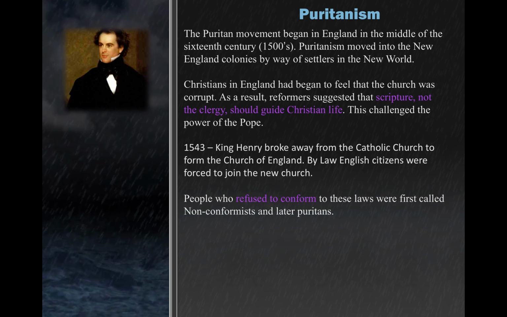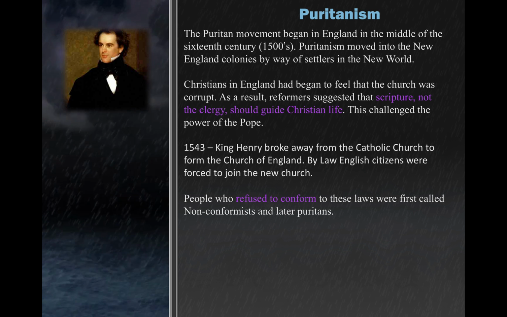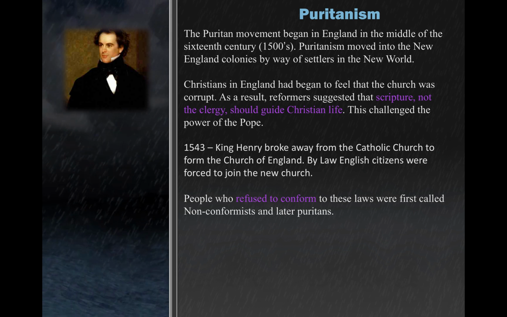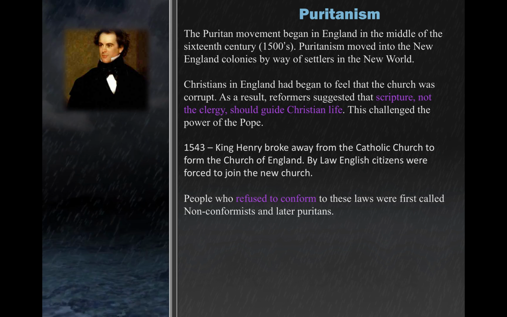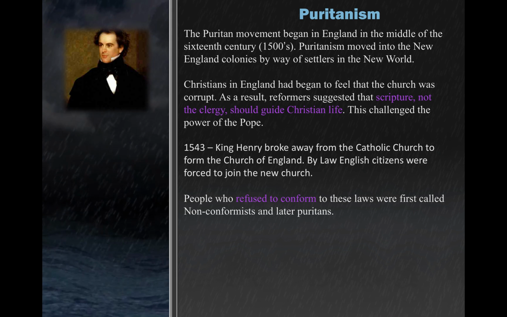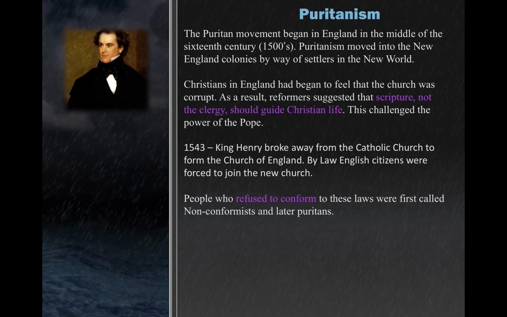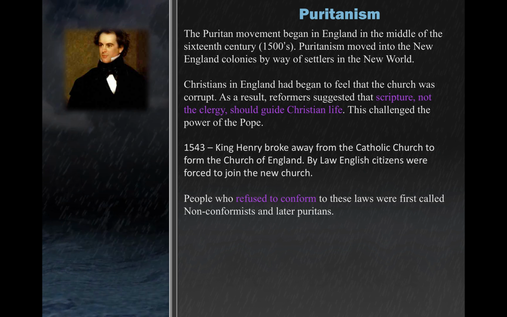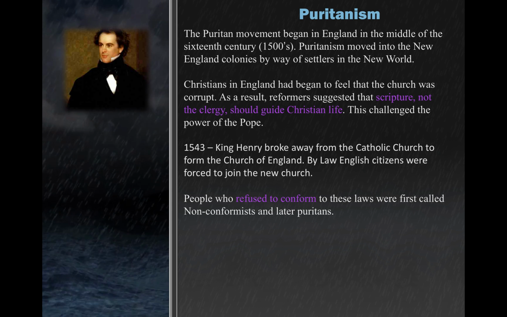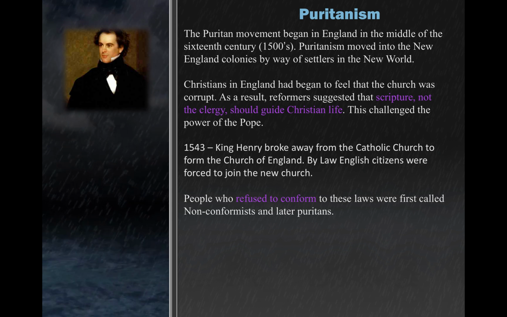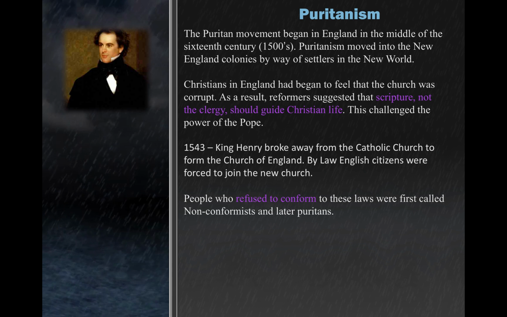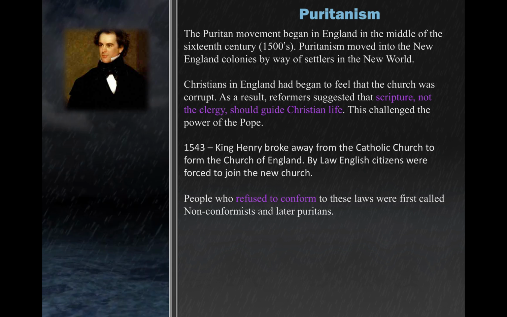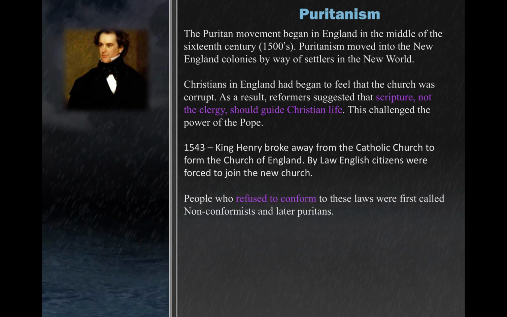At that time, the regular person was not supposed to read the Bible. The Bible was only to be read by priests, and you were only supposed to understand it through their lens, and it would be commanded by the Pope. So they wanted to reform this, saying that the clergy was corrupt, and so you should focus in on Scripture.